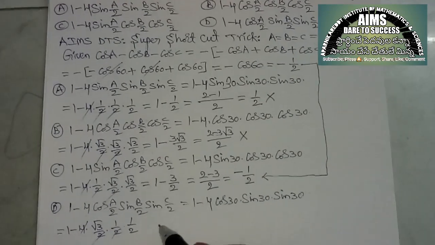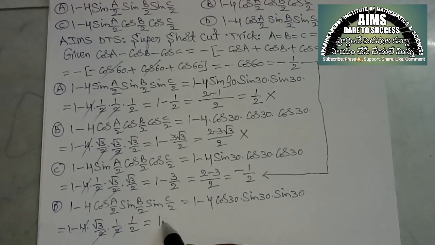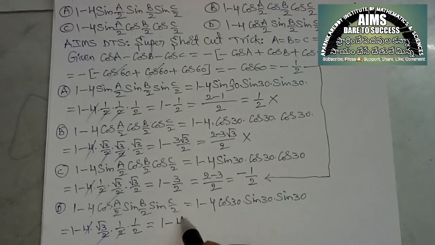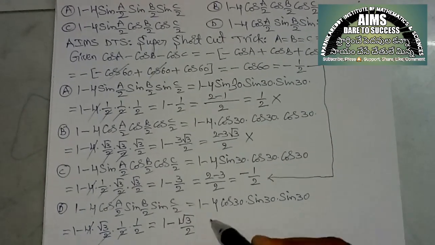Denominator 2 twos are 4, and numerator 4 gets cancelled. Remaining is 1 minus root 3 into 1 is root 3 by 2.